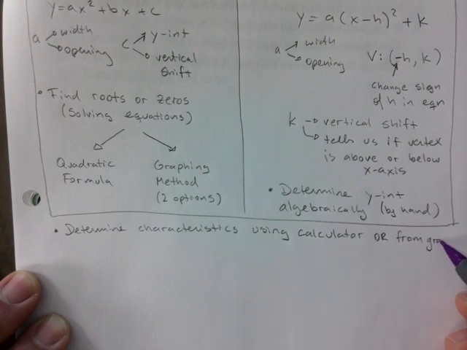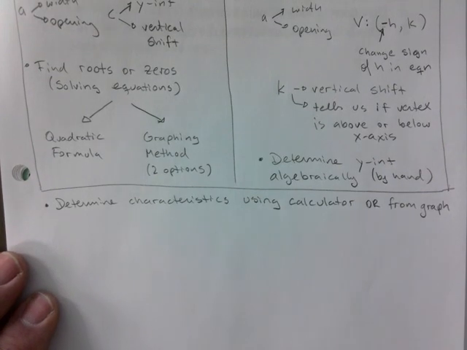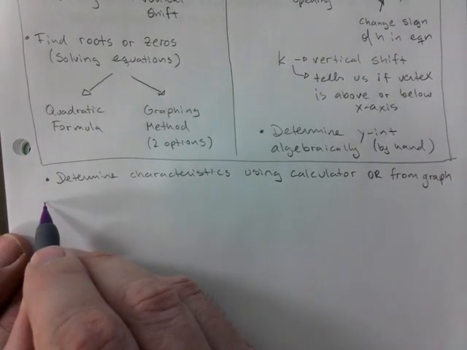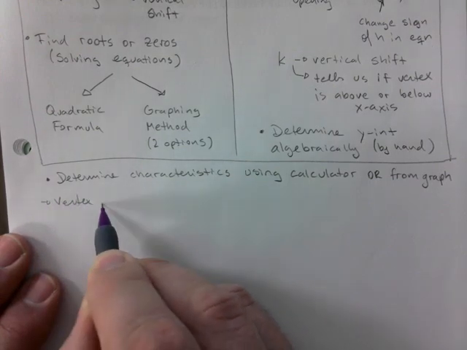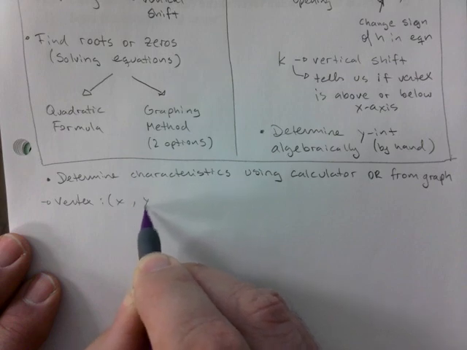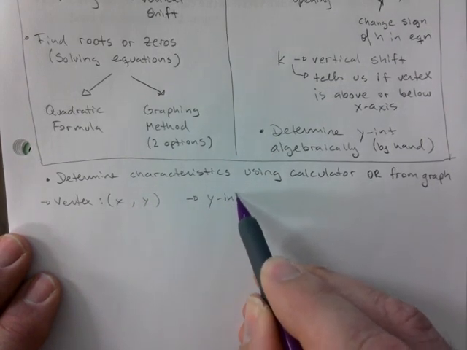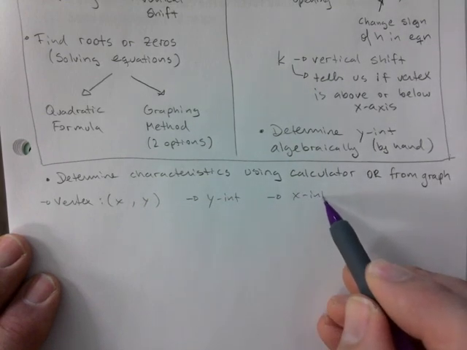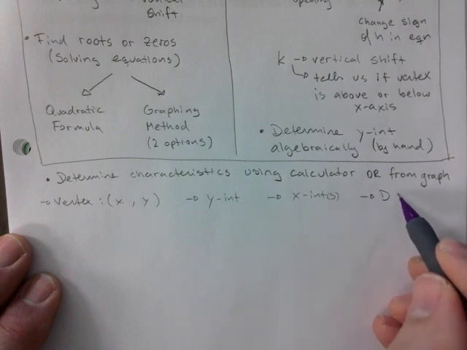So I could be giving you a graph and you should still be able to answer the following. You should always be able to give me the vertex (x, y). You should always be able to figure out the y-intercept, x-intercept or intercepts, and the domain and range.